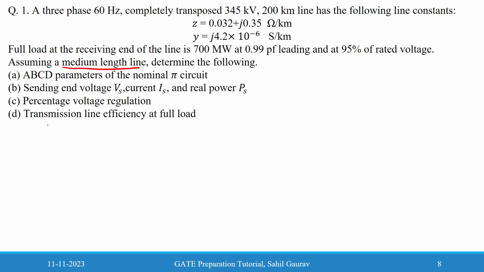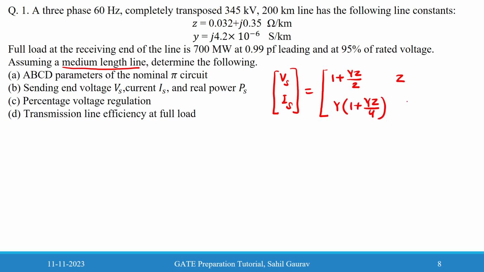So we know that for a medium length transmission line, A is 1 plus YZ divided by 2, B is Z, C is Y into 1 plus YZ divided by 4, and D is equal to A, 1 plus YZ divided by 2. VR, IR.